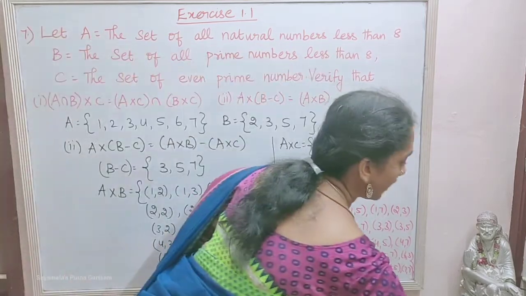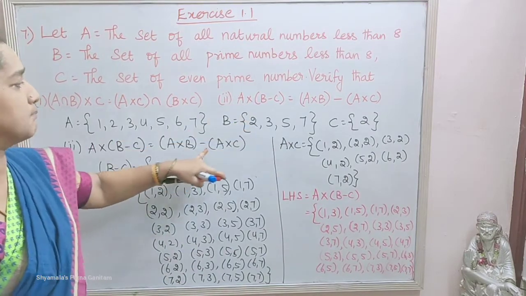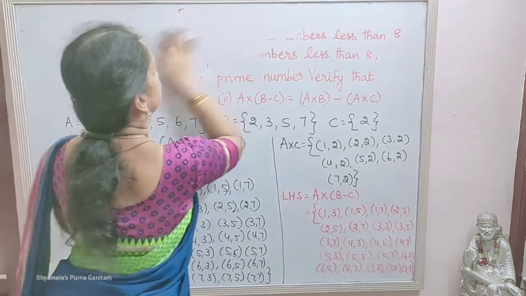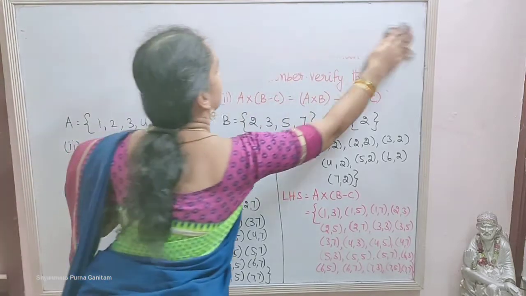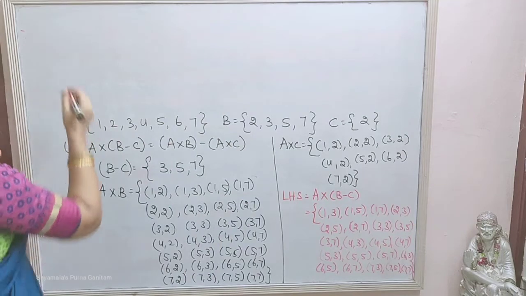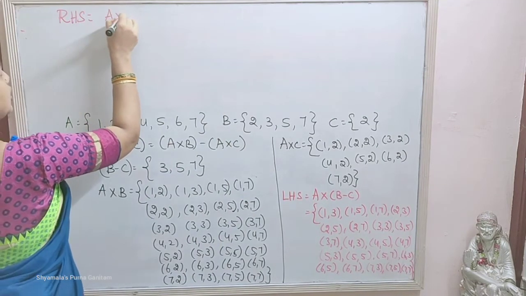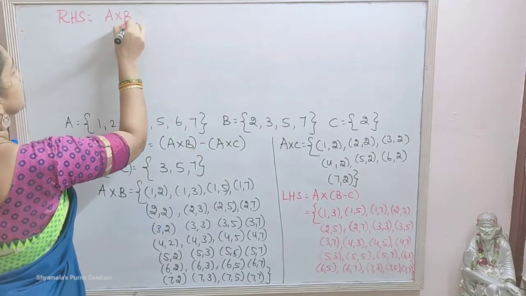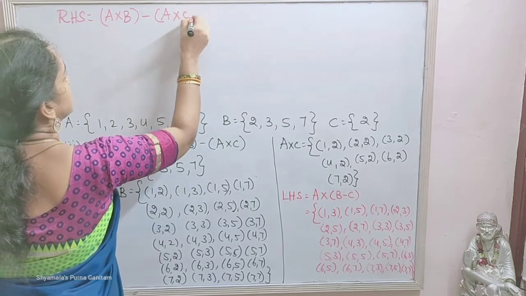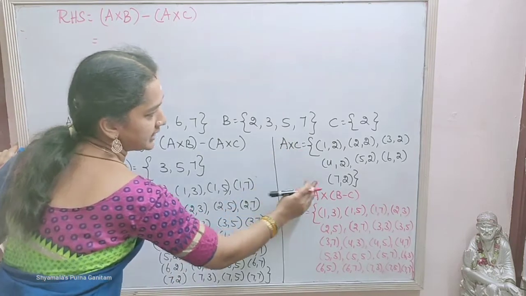Now we will do the RHS value. RHS is A cross B minus A cross C. So A cross B is this one, A cross C is this one.